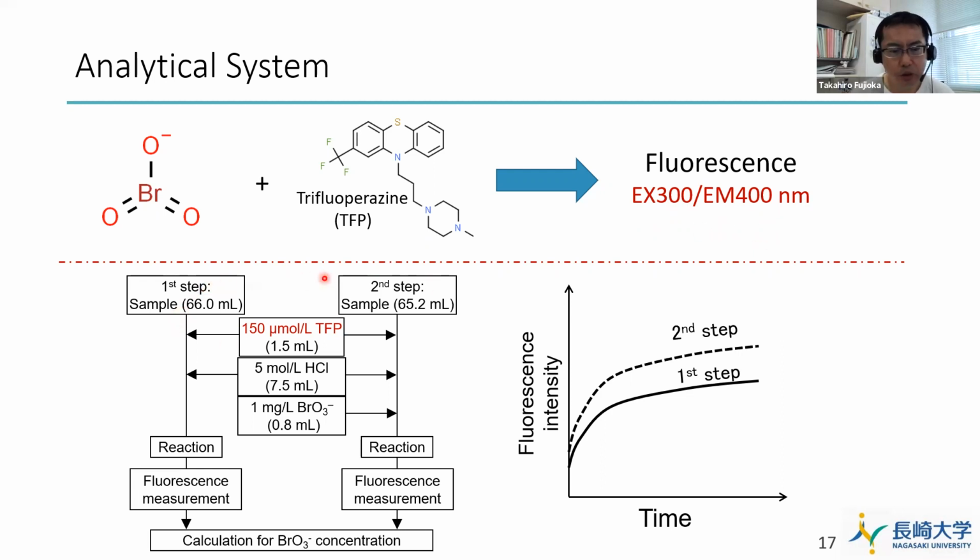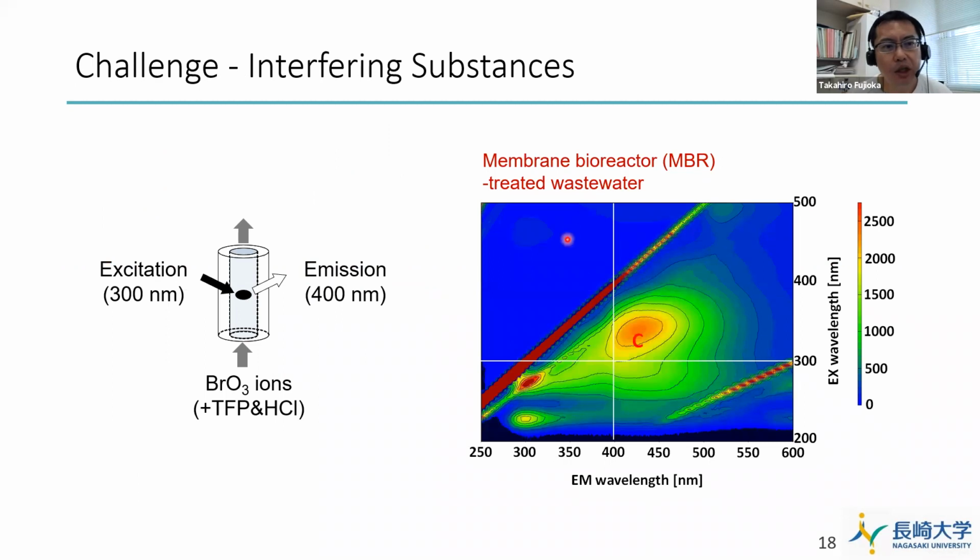What the system is doing is a bit complex, so I would skip this part. But the major challenge we had was the presence of interfering substances. At wavelengths 300, 400 nanometer, there is a strong peak even without doing anything. This is autofluorescence coming from the organics in wastewater, humic acid-like substances.